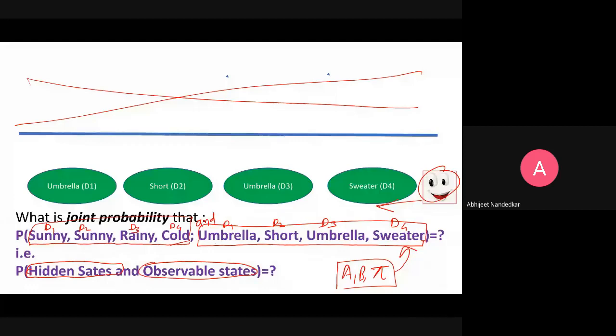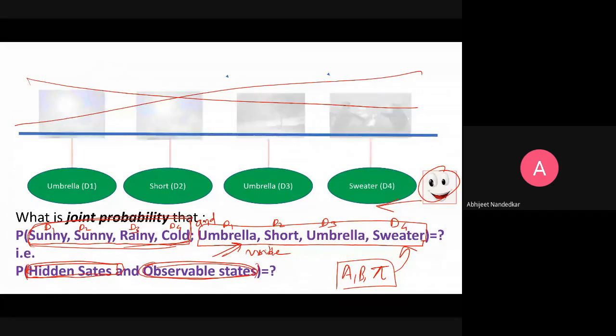These are visible, we can observe them, but the states are not visible. But suppose I know this, then what is the joint probability of sunny, sunny, rainy, cold along with umbrella, shorts, umbrella, sweater? That means, what is the joint probability of the hidden states and observable states?